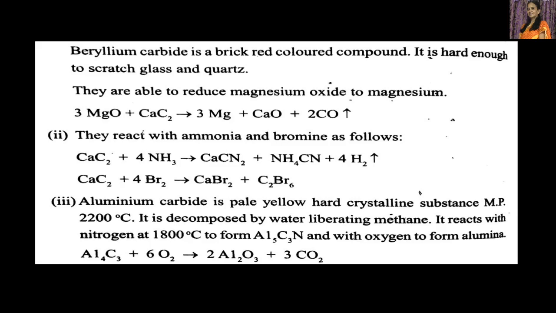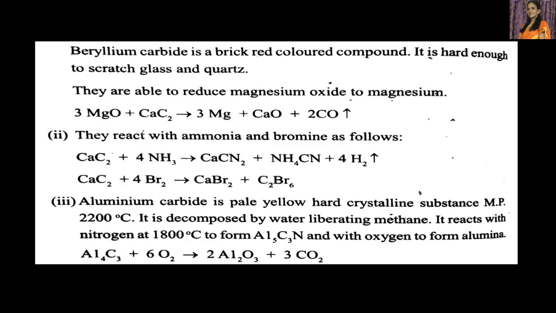Now let's see beryllium carbide. It is a brick red colored compound, and it is hard enough to scratch glass and quartz. Quartz is one of the allotropes of silica. It is very hard, so it is able to scratch glass and quartz, and it is able to reduce magnesium oxide to magnesium.